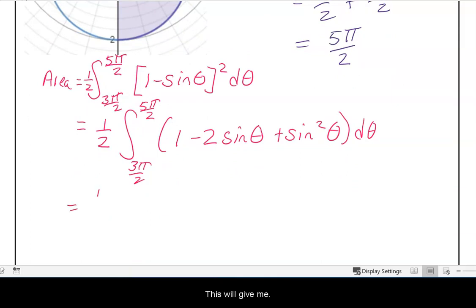This will give me 1/2 the integral of 1 d theta, which of course is just theta, but evaluated between 3 pi over 2 and 5 pi over 2. We'll wait and plug it in at the same time. What about the integral of 1/2 times -2 sine of theta? Well, the 1/2 and the -2 would cancel, but I would be left with a -1.